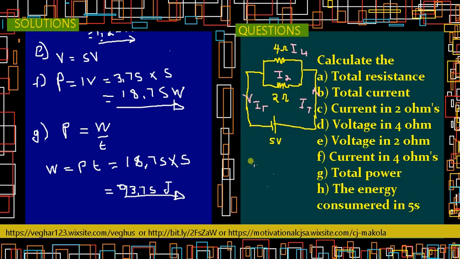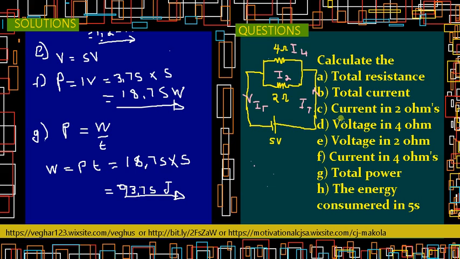So this is how you'll do it. Calculate the total resistance: you use the equation for parallel resistors and sum the two. Total current: use the total resistance and the voltage to find the total current.